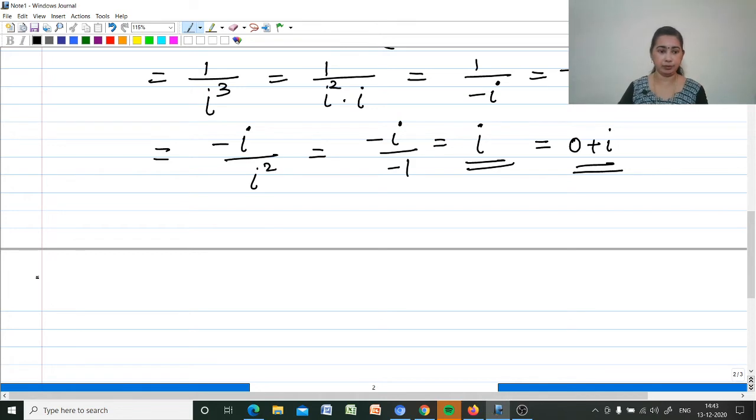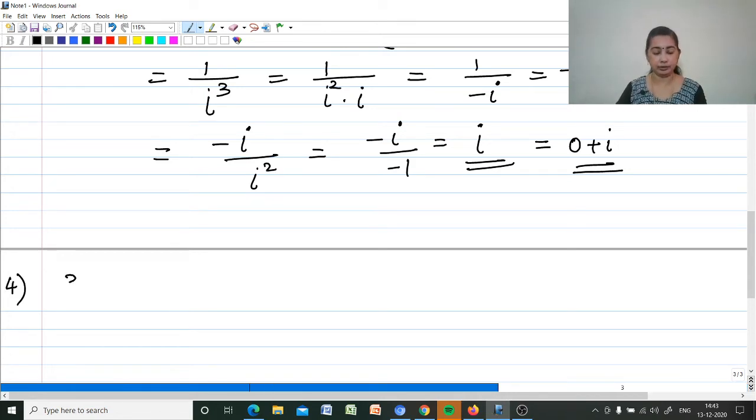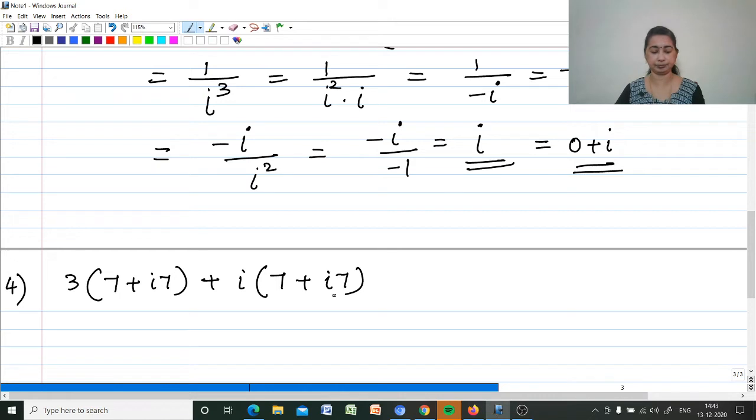Now question number 4. 3 into 7 plus i7 plus i into 7 plus i7. We can open the bracket. So 3 sevens are 21, plus i into 21, plus i into 7, plus i square into 7.